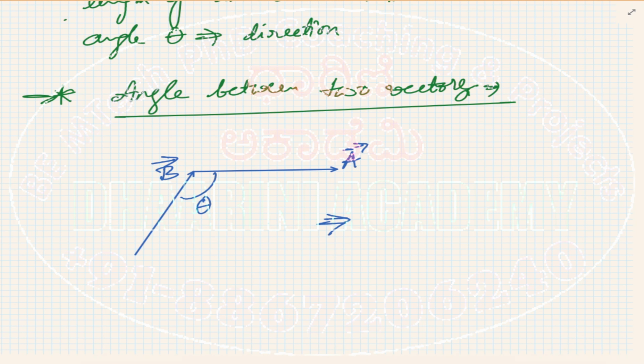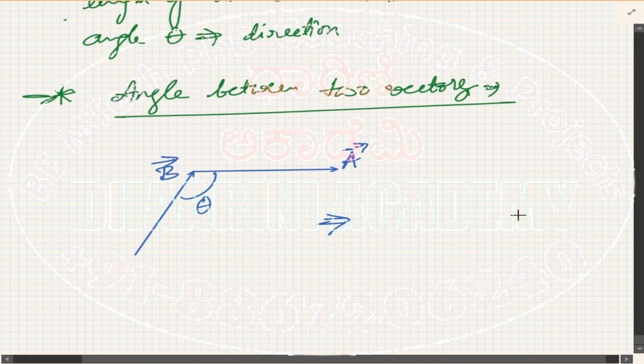I can represent the same thing using the following notation. Say the vector A, which was horizontal, we'll write it in this way. And there was another vector making some angle like this. Now I'll write that angle over here. Okay, there is a slight misalignment, but anyway that works for us.